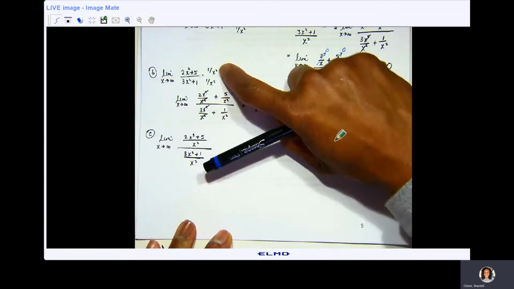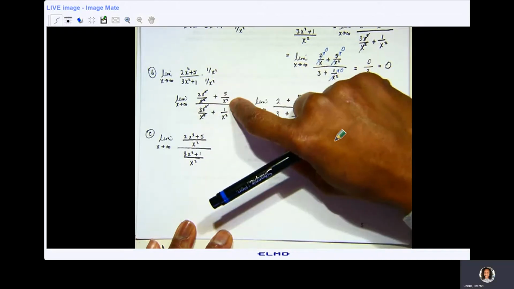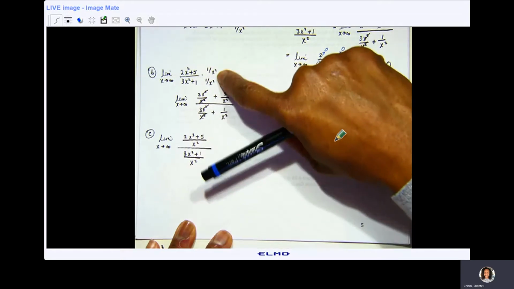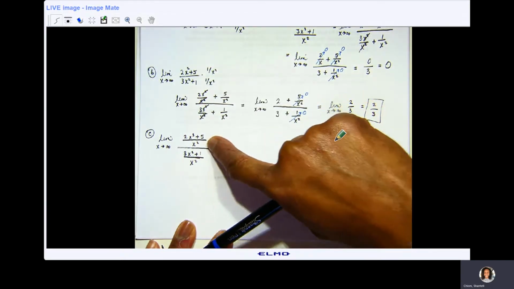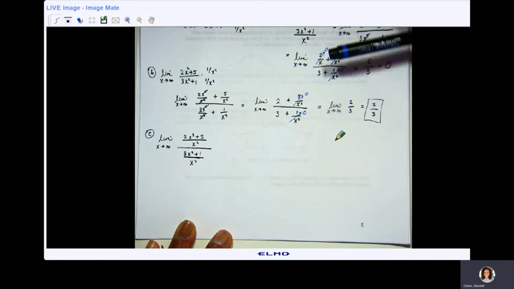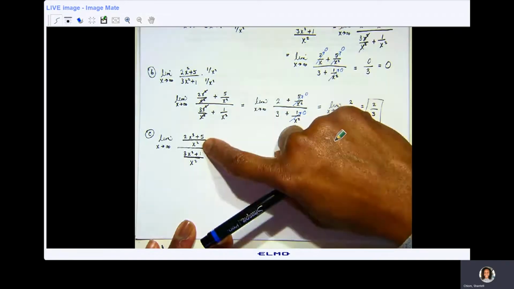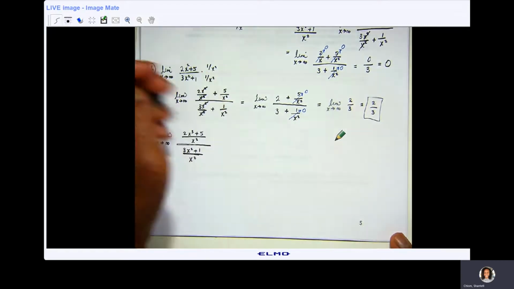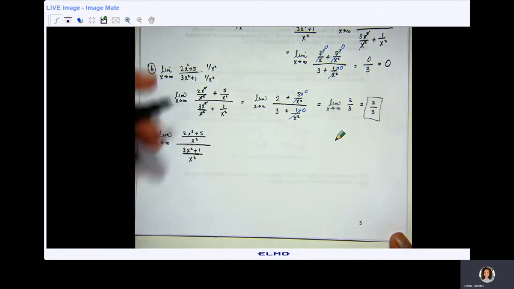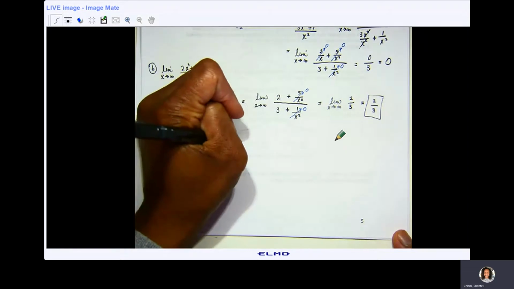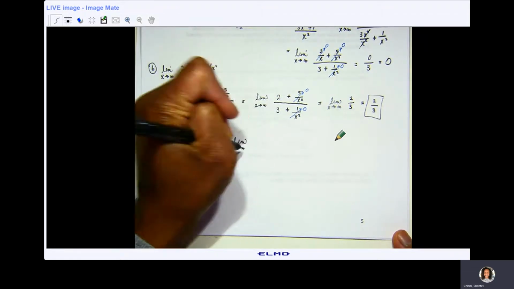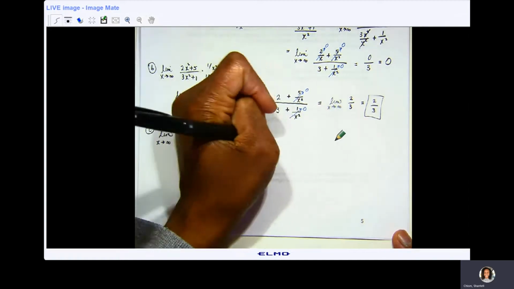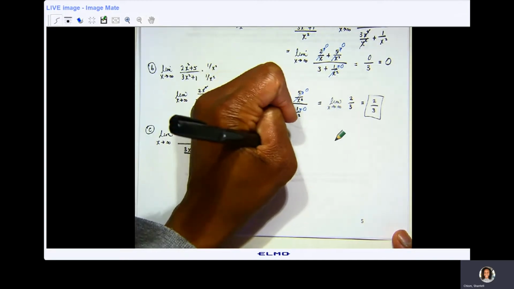All I did was this step, but I just jumped here. I didn't write the step where I'm multiplying top and bottom by 1 over x squared. I did do it, and you can see that I wrote the original problem, top and bottom over x squared. Okay? All right, now when we carry it through and clean it up a bit, the limit as x approaches infinity, we've got 2x cubed over x squared plus 5 over x squared.